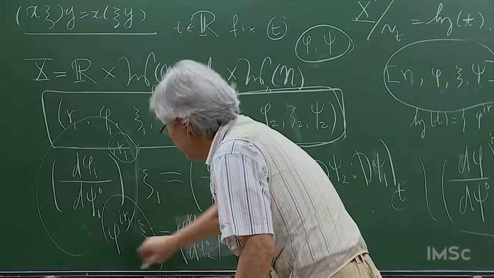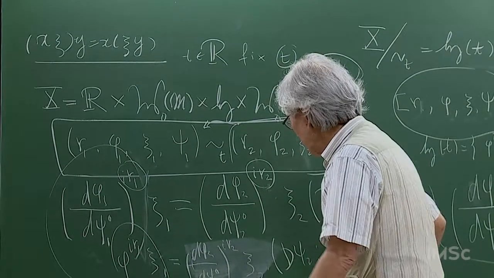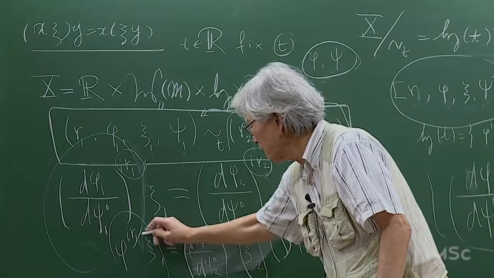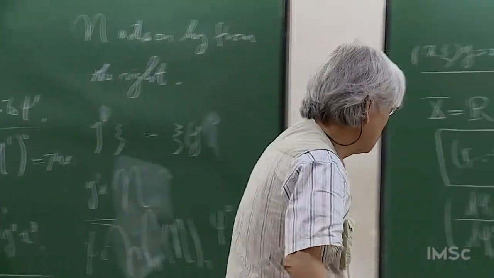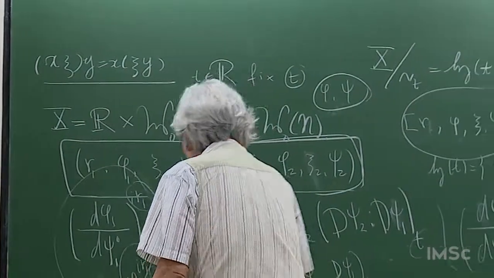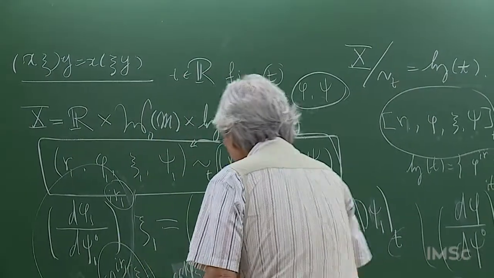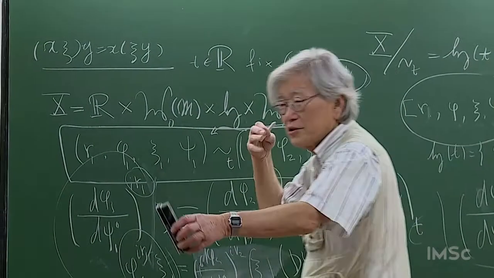Then you have psi 1, psi 2 distinct, and phi 1 and phi 2 distinct, you can connect.